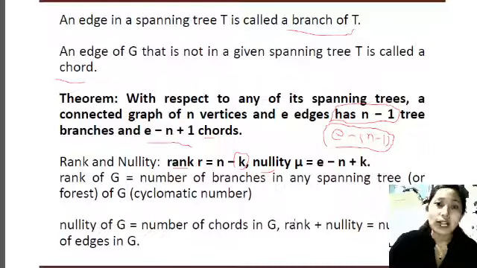So your total edges are divided into two: one is the branches, and the rest of the edges are the chords. The number of branches is called rank, and the number of chords is called nullity. And obviously if you add the rank with the nullity, it is going to give you the total number of edges in a given graph.